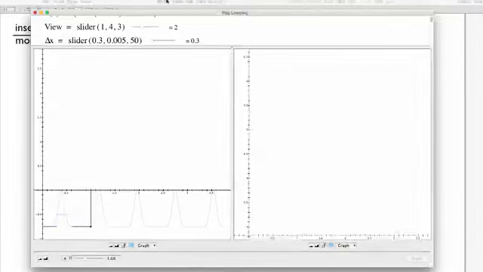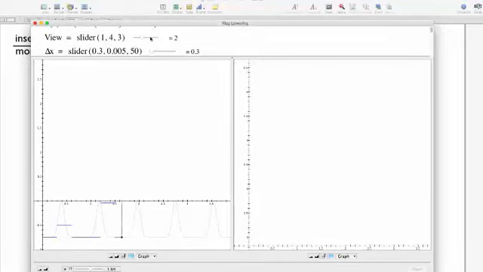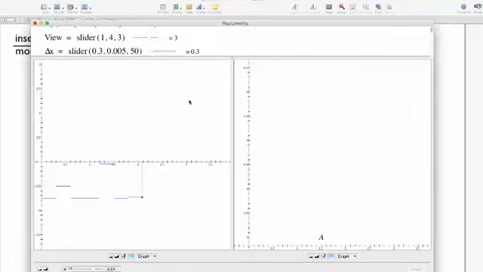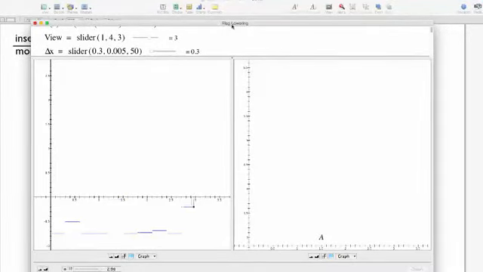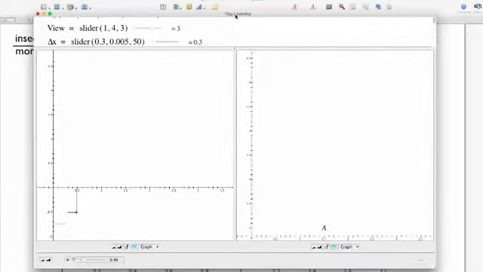If I turn off the original function, how is this doing at simulating the actual rate function? Right now, I've got delta x, the interval width, at 0.3. How's it doing? Does it simulate the actual rate function well?